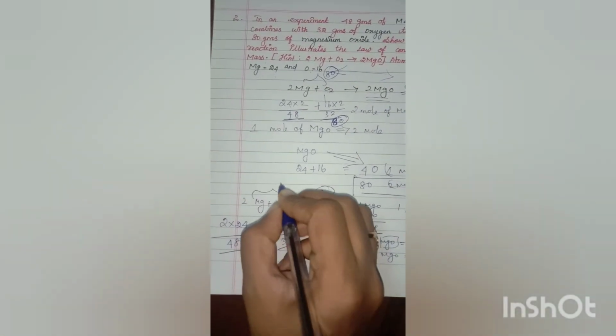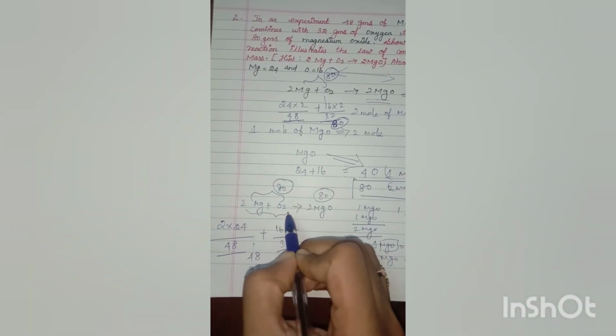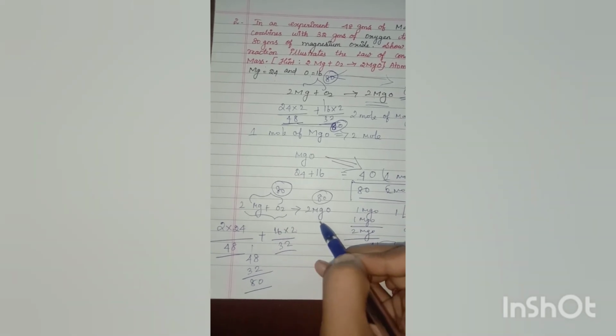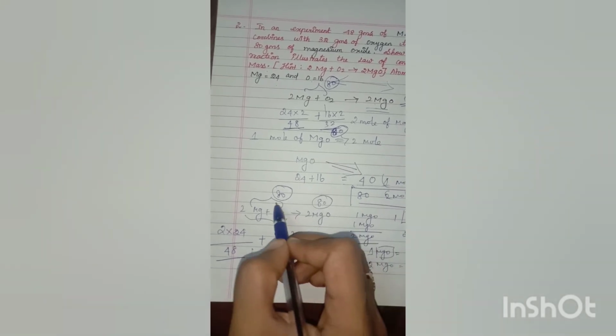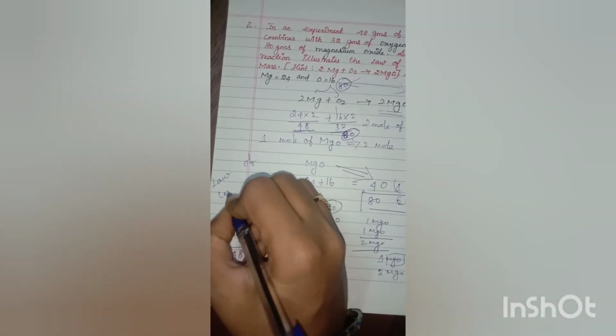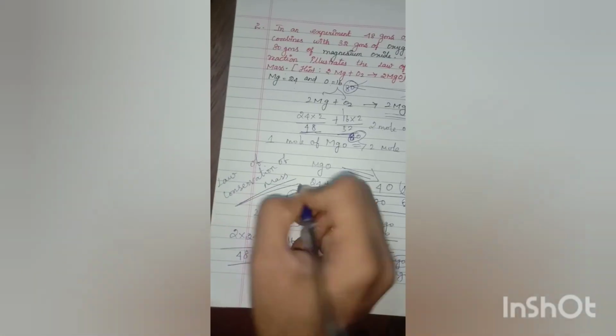So this total mass is 80. So all the substances involved in the chemical reaction, after the chemical reaction the product formed, that product mass is also equal to the substances. So this is the law of conservation of mass. Thank you guys.